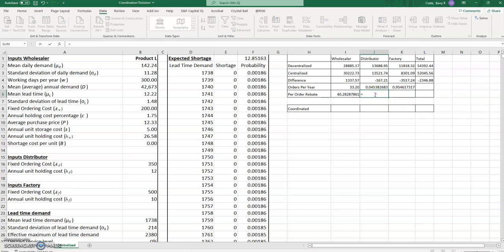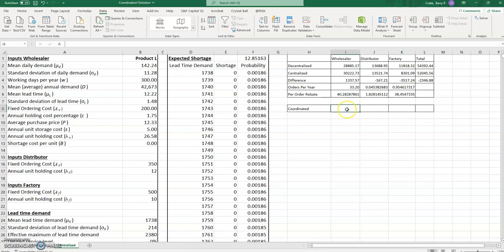So what we could do is have the distributor pay about 4.5% of the per order rebate to the wholesaler, and we can have the factory pay about 95.5% of the per order rebate to the wholesaler. We don't really know the mechanics of how that would happen in terms of the payments. Maybe the factory pays the distributor, who passes this on to the wholesaler, but we could have some kind of a contract that said how that worked.